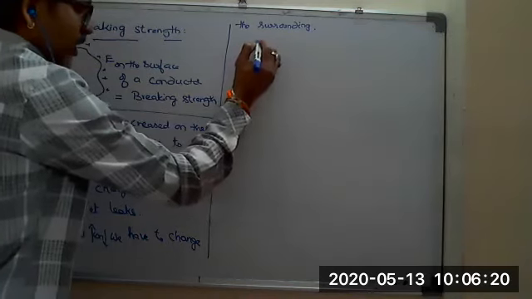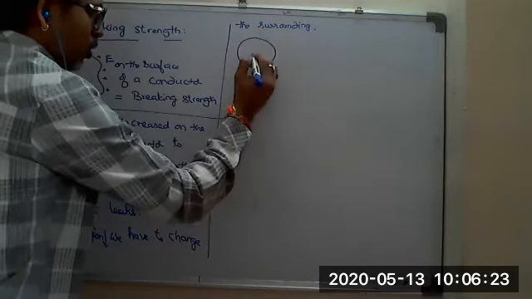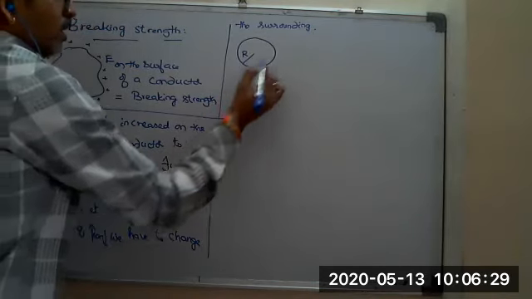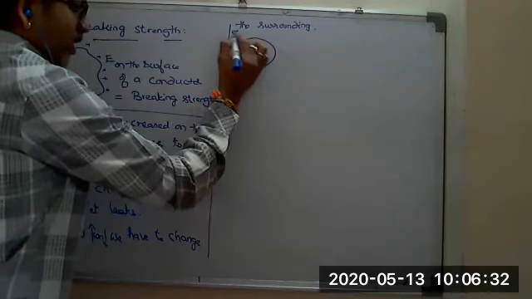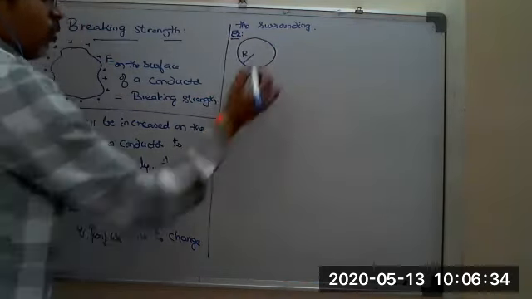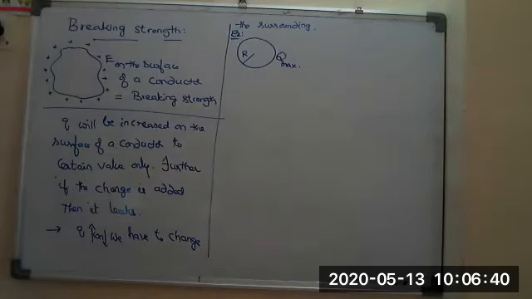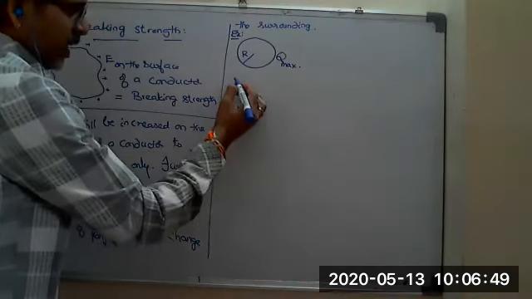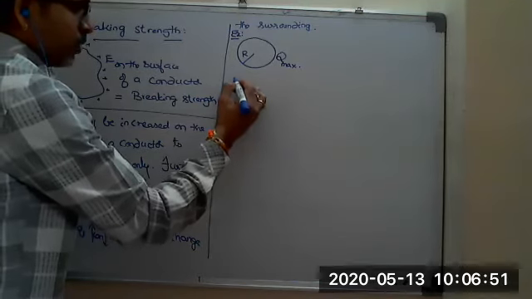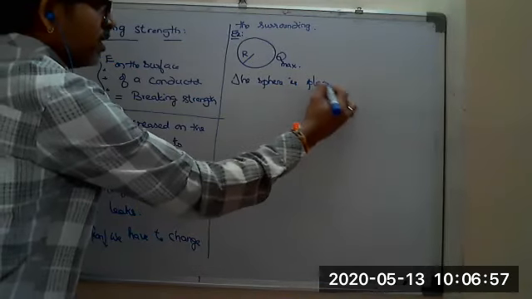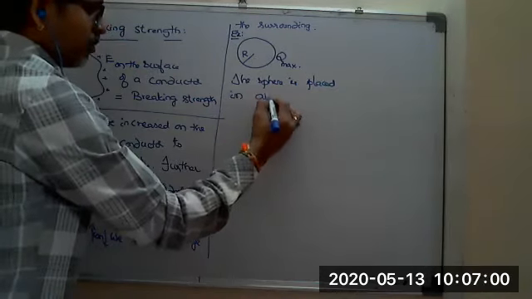Suppose it is one conductor of radius r. If they ask one question related to this concept, what is the maximum charge that you can give to a spherical conductor placed in the medium air?